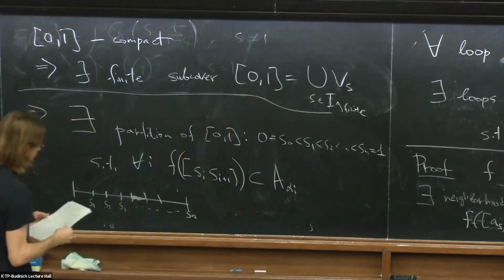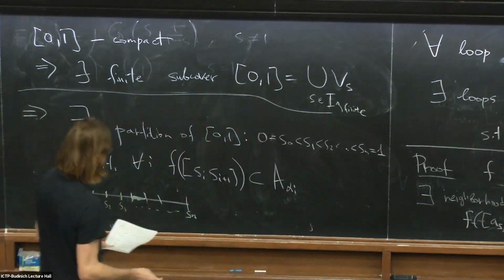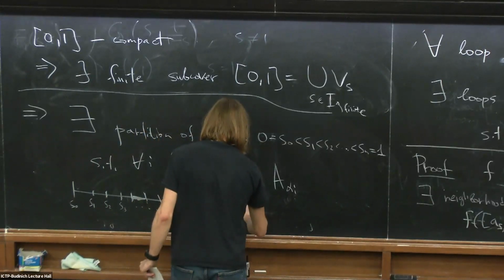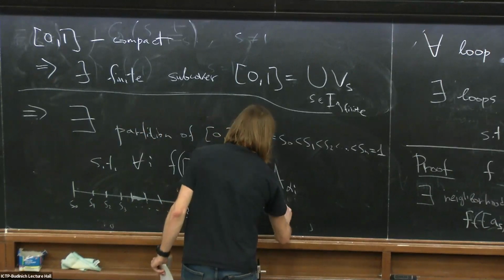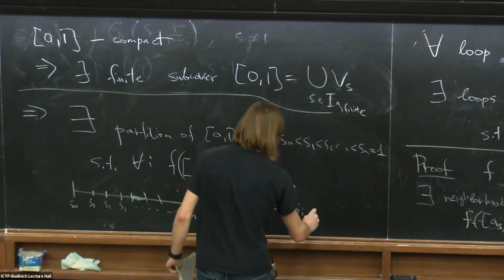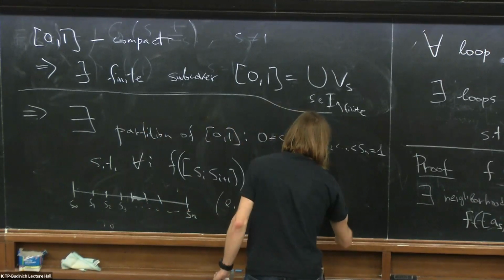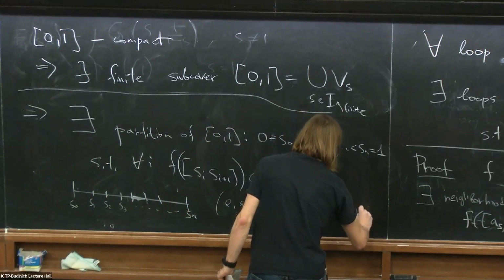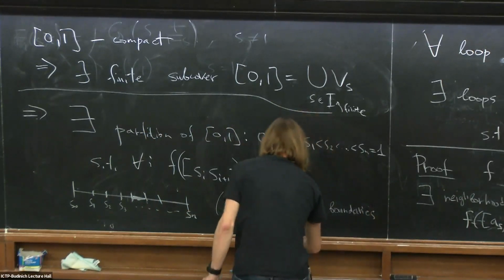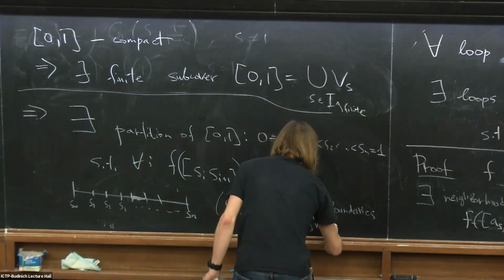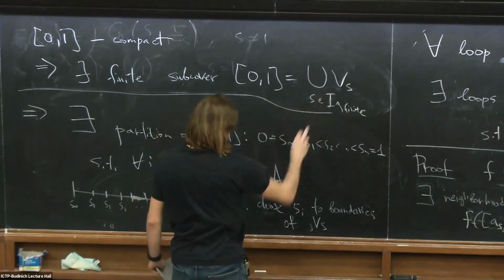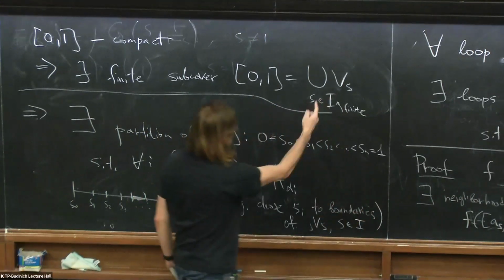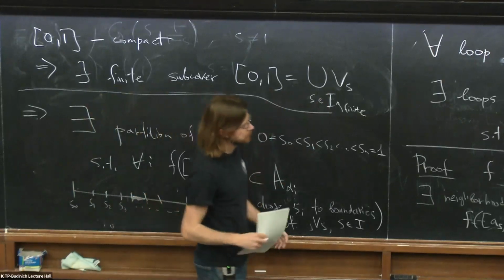Well, it should be more or less obvious, but if you want to be concrete, for example, you can choose the Si's to be boundaries of our intervals Vs in this finite cover, right?